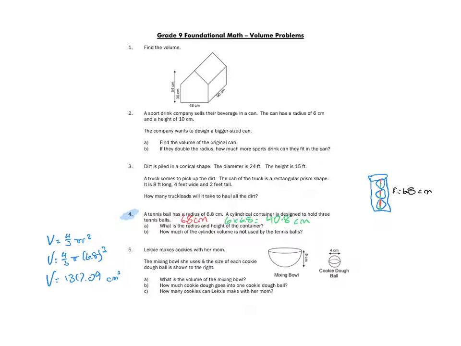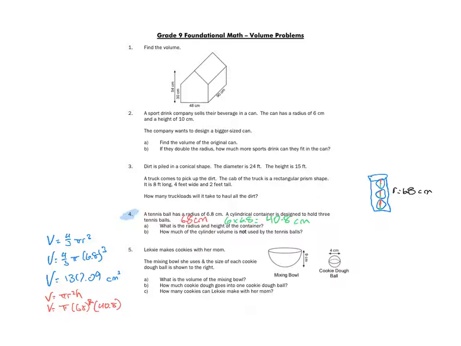So that is pi r squared h. R is 6.8. H is 40.8. And that's an ugly 2, so it's a squared. So let's figure out what that's going to be. Okay.